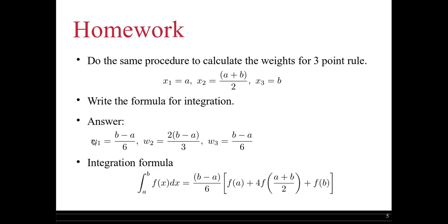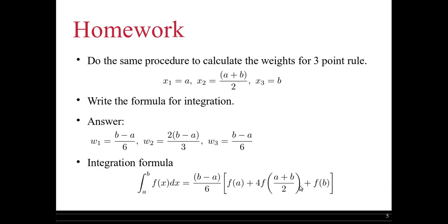Your answer will be w1 equal to (b minus a) by 6, w2 equal to 2(b minus a) by 3, w3 equal to (b minus a) by 6. You can check it at home, and you can see this is exactly the Simpson 1/3 rule.